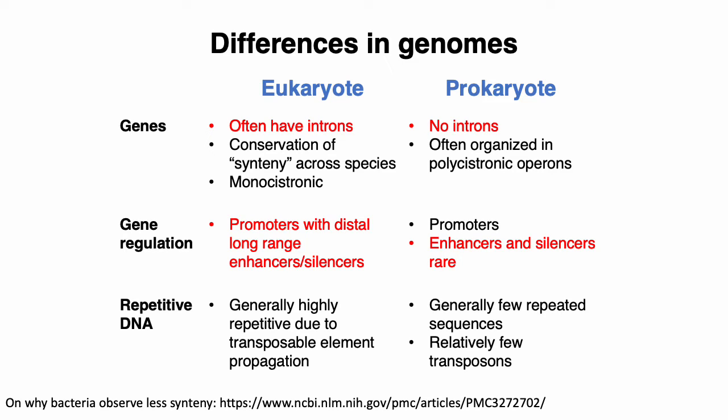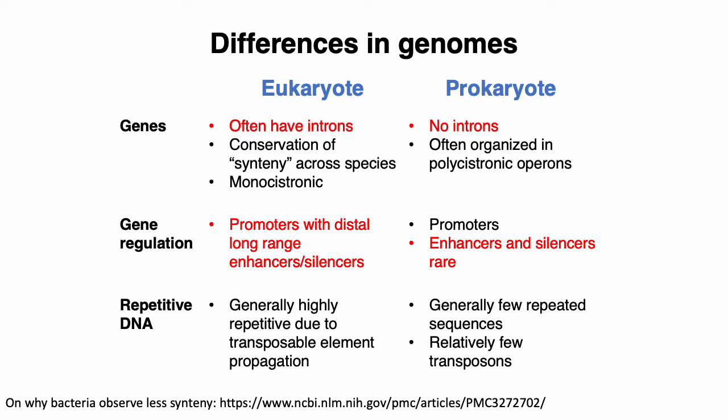As you probably know, eukaryotic genes oftentimes have introns, especially in higher organisms like humans or other mammals. Gene order tends to be conserved across species. And most importantly for this class, genes are monocistronic, which means that in terms of transcription, genes are typically transcribed individually.